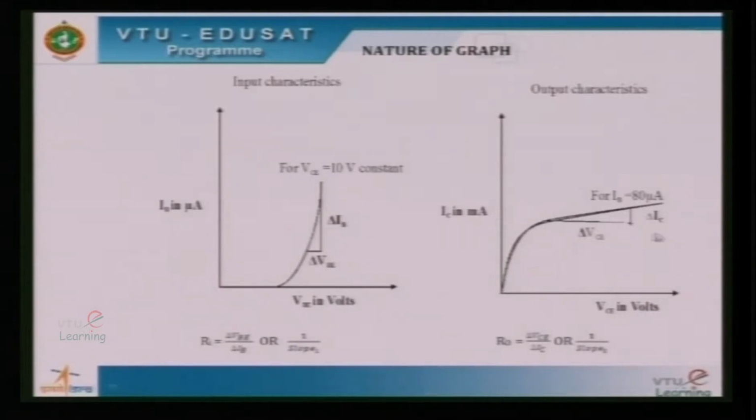The reciprocal of the slope gives the output resistance of the transistor, which will be in the order of 2 to 5 kilo ohms. From the results it is clear that input resistance is of the order of 500 ohms, whereas the output resistance is in the range of 2 kilo ohms, ensuring the amplification.